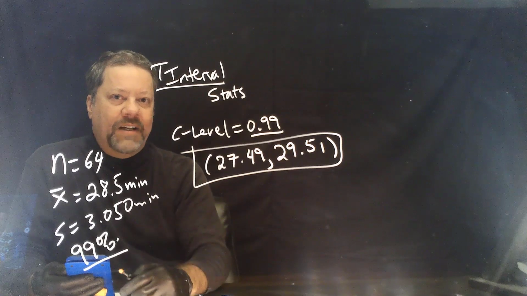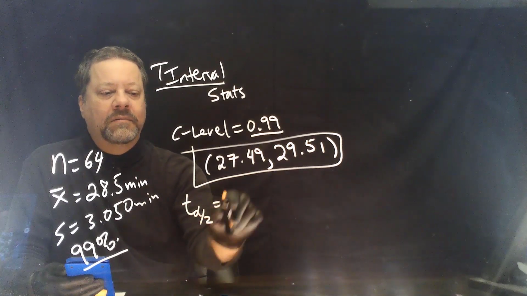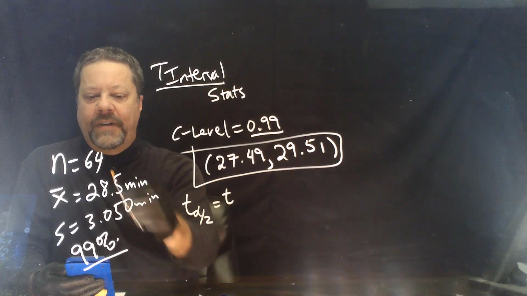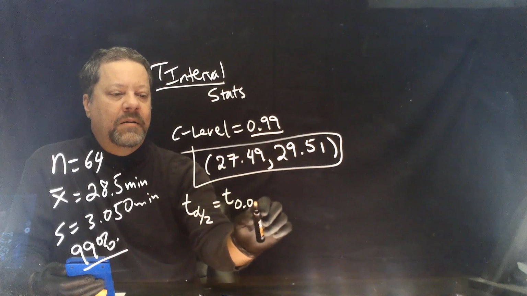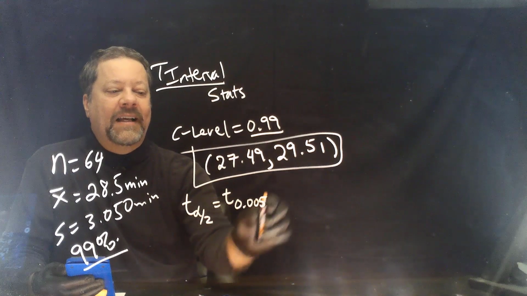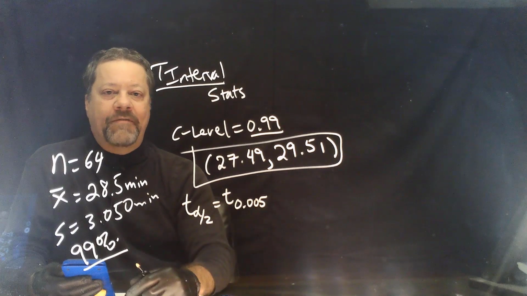Now, we could have done this with critical t's. Alpha would be 1%, so we'll have to take 0.5% as the area that we use, half of 1%.